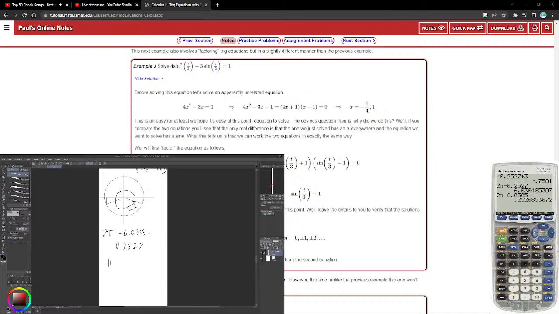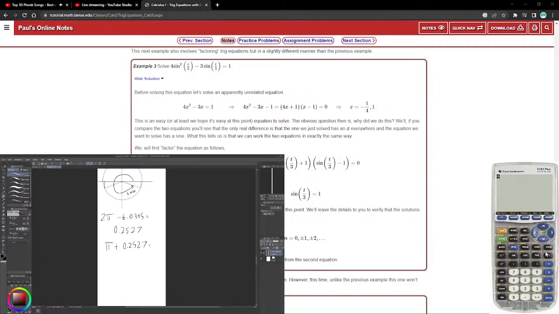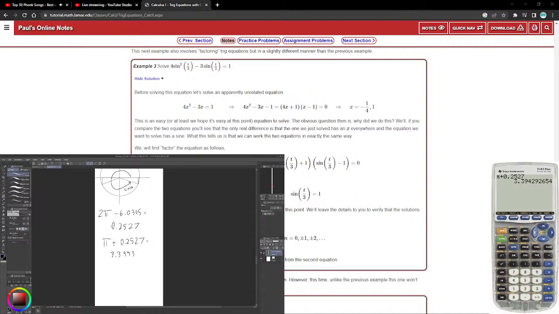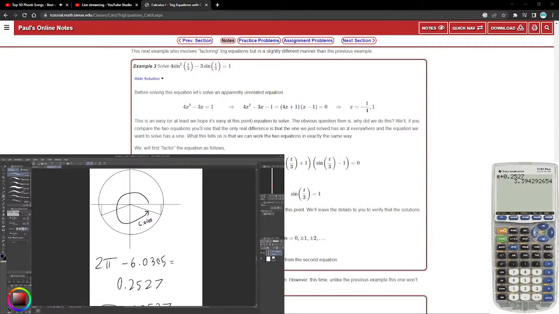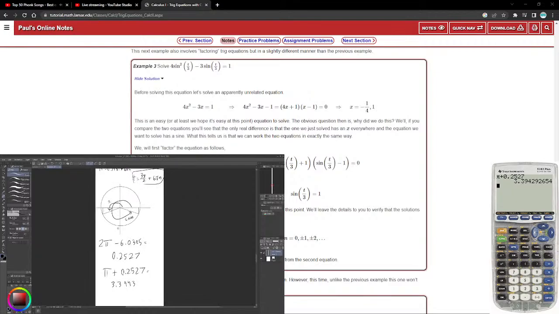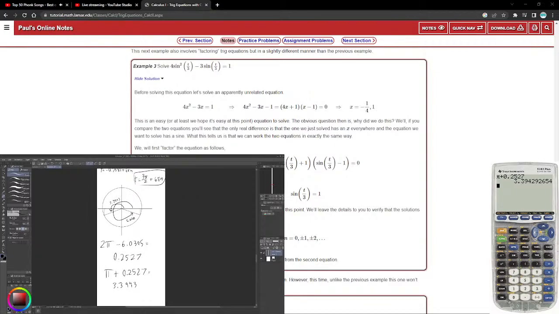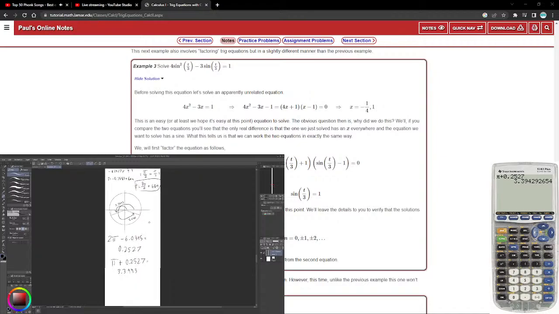So then I add pi plus 0.2527, and that equals 3.3943. So from here to here, 3.3943. Okay.